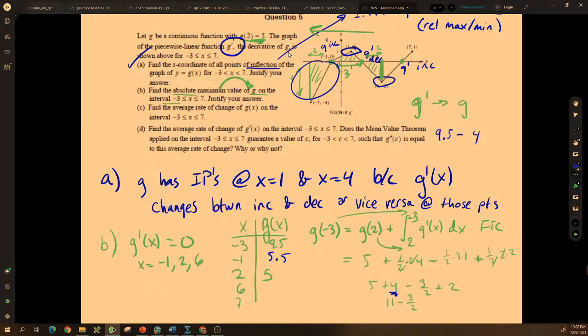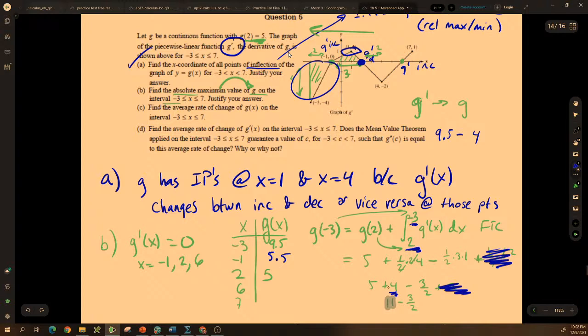I did mess this up because I started not at 2. I started way out here at 4, and I don't know why I did that. So this is going from 2 to negative 3. 2 is right here. So I didn't need this last triangle.